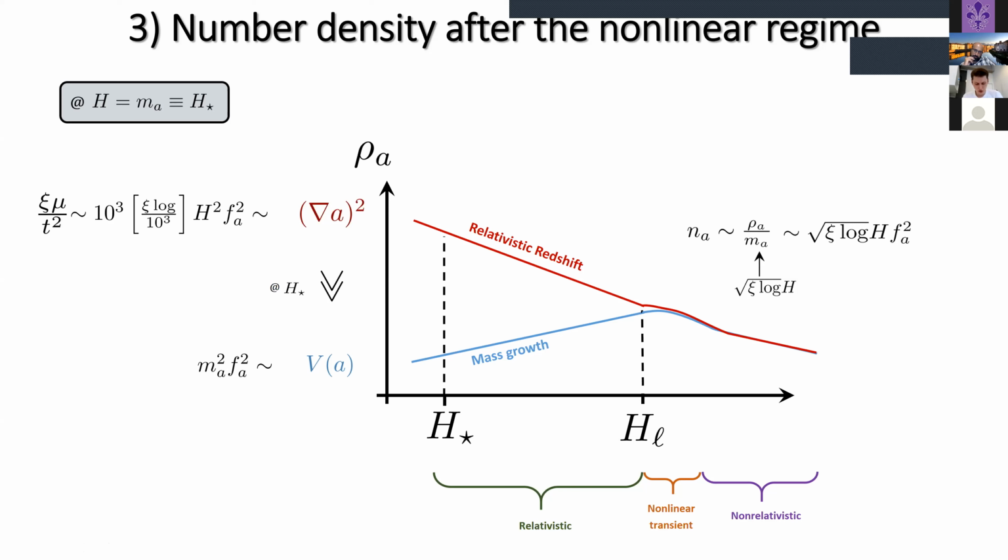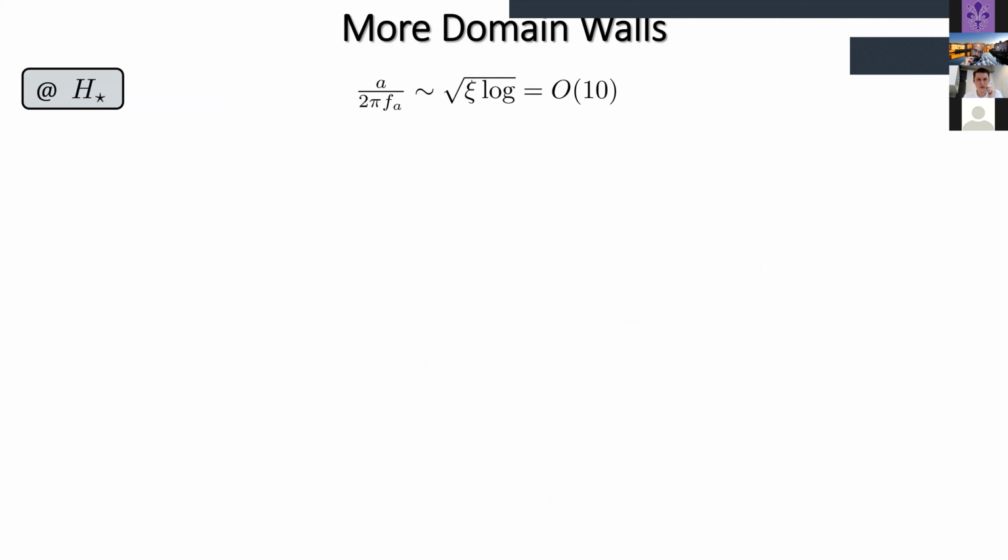So just to say, I won't have time to spend on this, but at H star, the dynamics of the axion waves is quite richer than what I just described, since at H star the a over f_a is larger than 1, actually much larger than 1, over 10, and therefore the amplitude of the field is much larger than f_a.